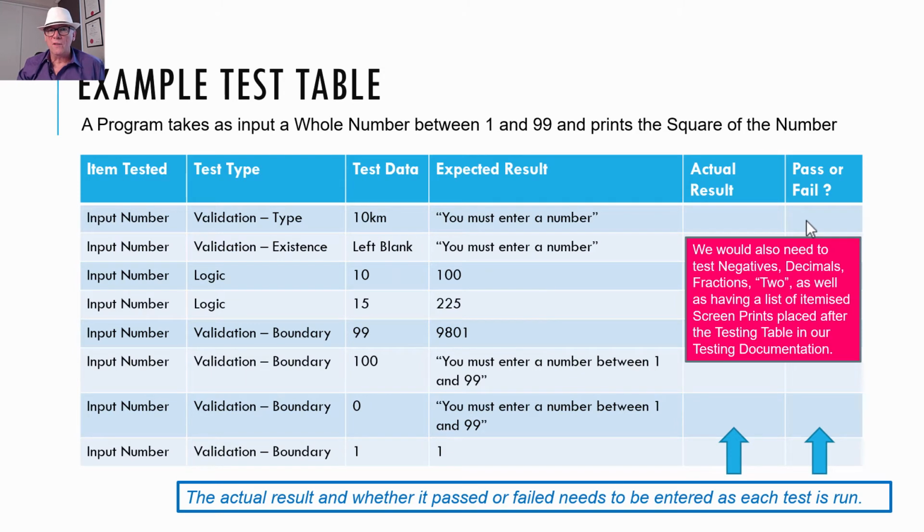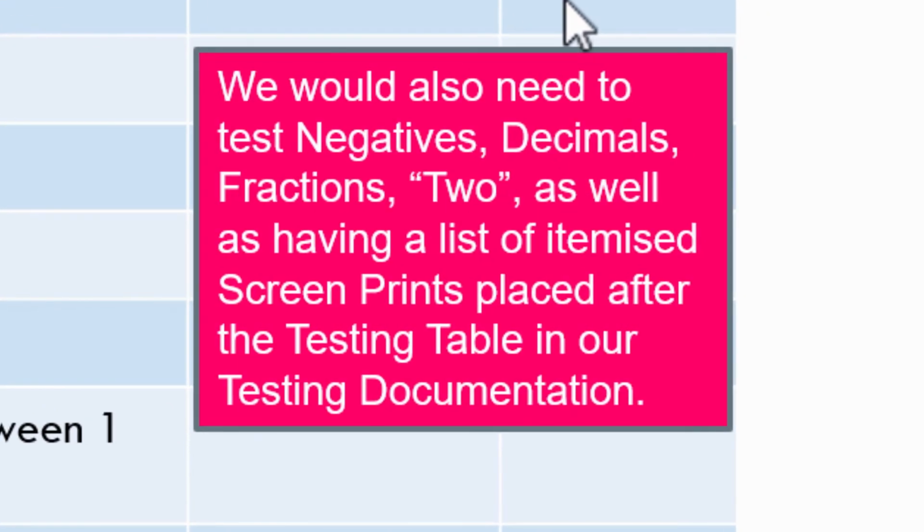Now, we haven't shown you all of the tests there. They're the main absolutely necessary key tests that you must do. But you'd also need to test some Homer Simpson stuff, like what happens if they try and put in a negative number? What if they put in a decimal, like 2.5? What's your program going to do then? What if they put in a fraction? They want to know what 1/2 squared is, so they put 1/2 onto the screen.